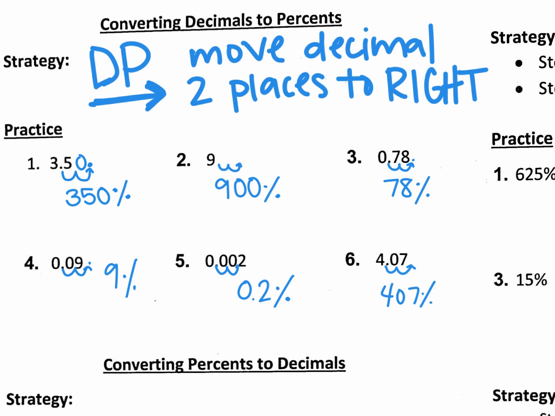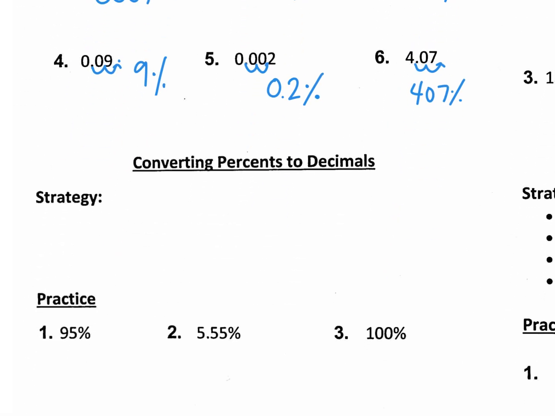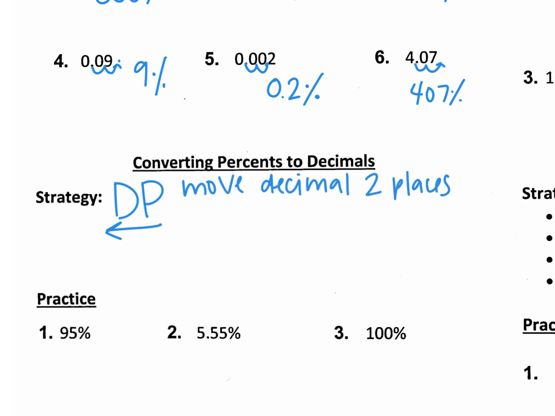Okay, changing a decimal to a percent is as simple as moving the decimal 2 places to the right. Okay? Well, what do you think about percents to decimals? If I use the DP strategy, I go to the left. So move the decimal 2 places to the left.